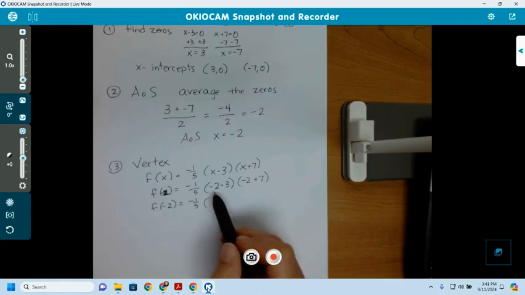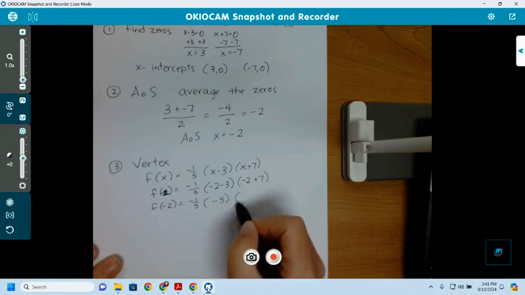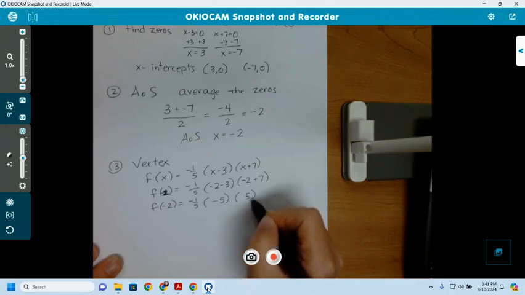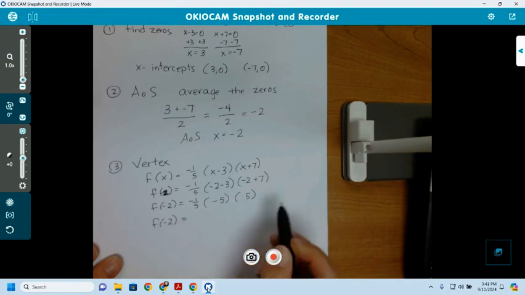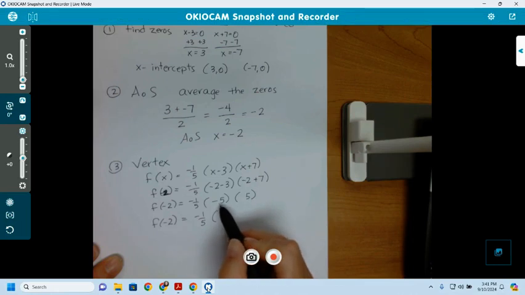So minus 2 plus minus 3 equals minus 5 times minus 2 plus 7, which is basically 7 minus 2. So that would be 5. So f of negative 2 equals negative 1/5 times, what's negative 5 times 5? Negative 25.